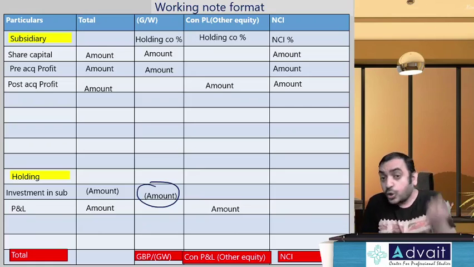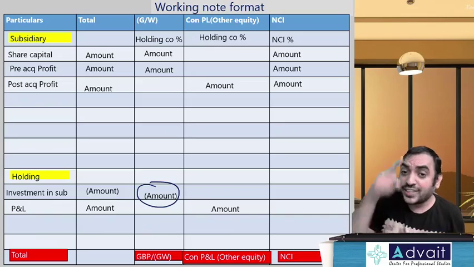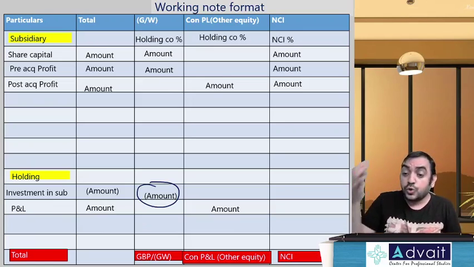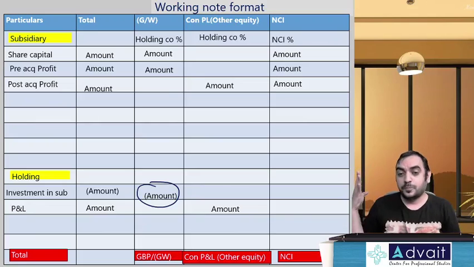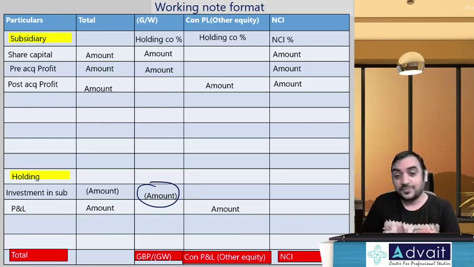Now, if I want to compute goodwill under fair value method, which element should I change? Please tell me. The difference in goodwill under the two methods is attributable to one element.